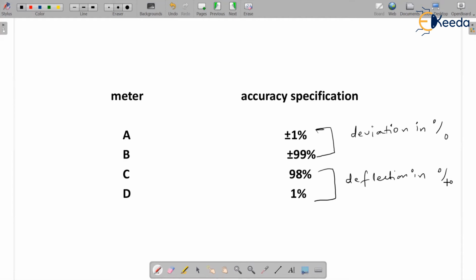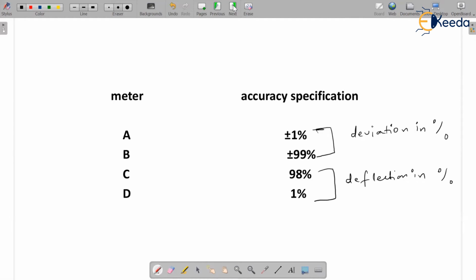So among A and B, which is the best? A is the best because it has the lowest magnitude where plus or minus is there. Then among C and D, plus or minus is not there, so C is the best.